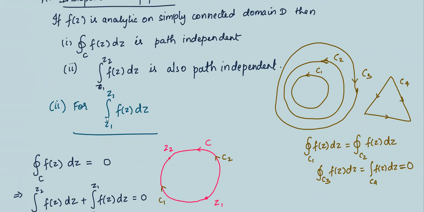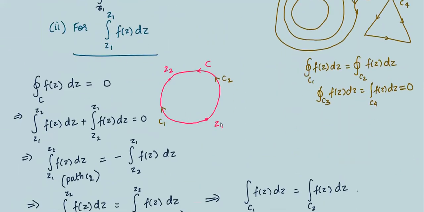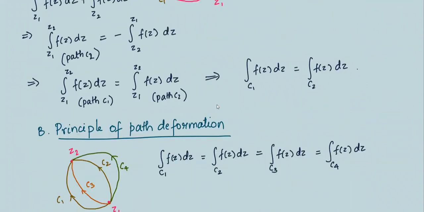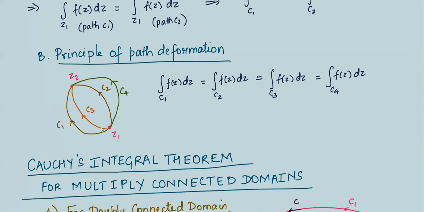Now, if you take z1 to z2, then you can go through any path. It will all be the same. The integral will be the same from z1 to z2. So in complex integrals, if you want to reach from z1 to z2, you have to integrate along from z1 to z2. You can choose any path as long as it is a simply connected domain.